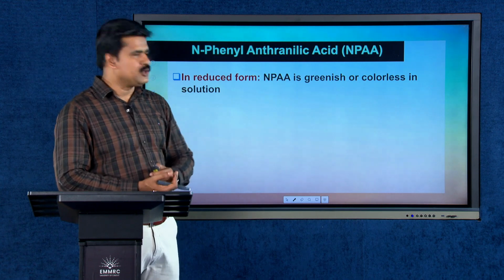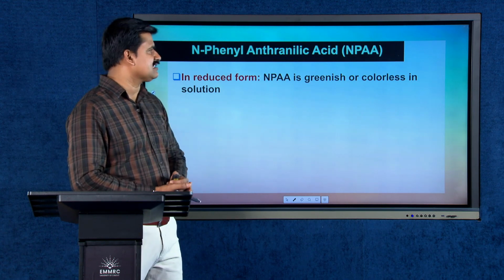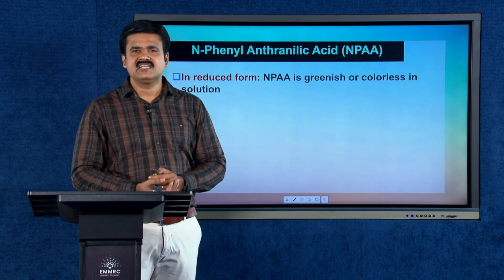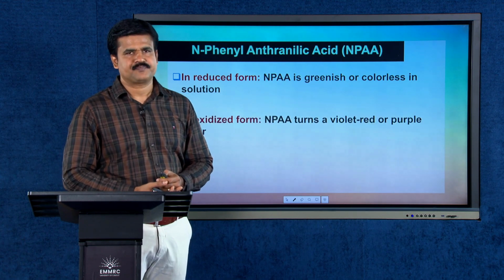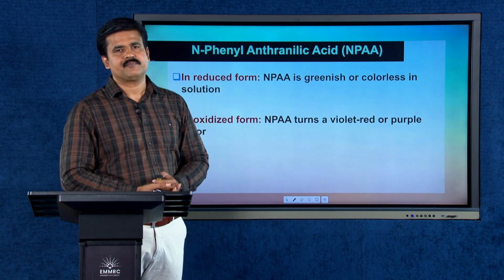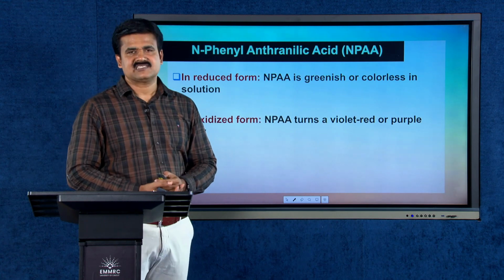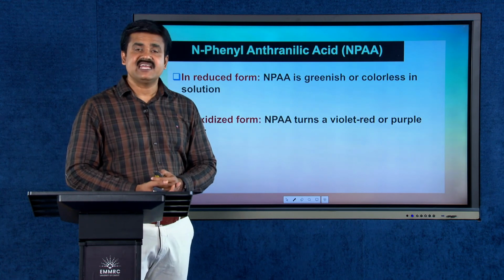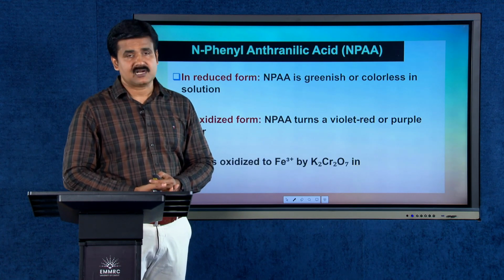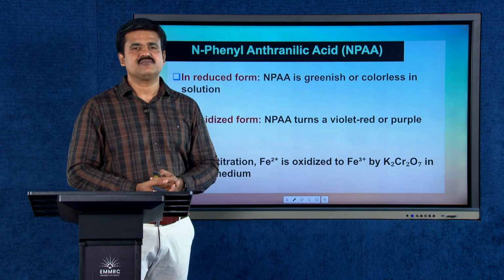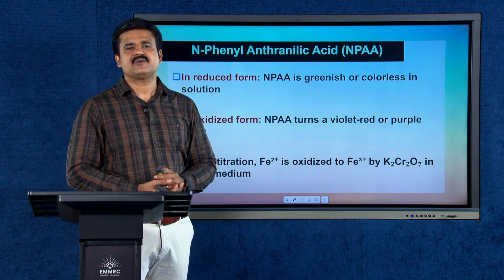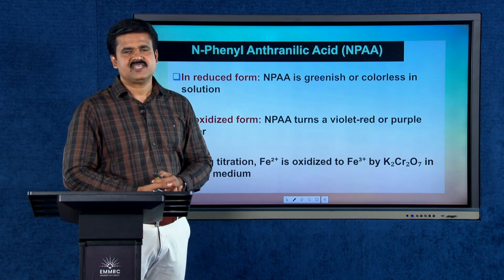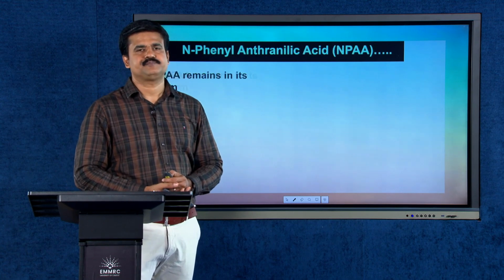In reduced form, N-phenyl anthranilic acid is greenish or colorless in solution. In oxidized form, it turns a violet red or purple color. During the titration of Fe2+ with potassium dichromate, all Fe2+ ion is oxidized to Fe3+ in acid medium.